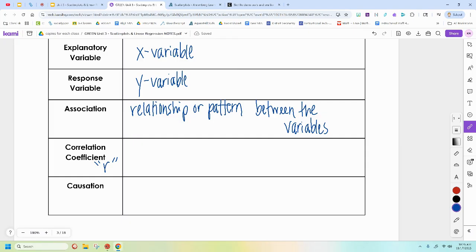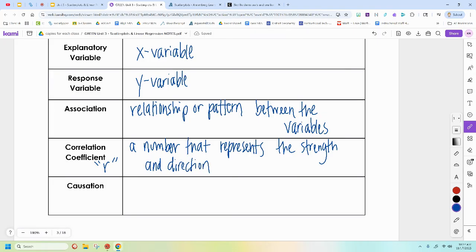Correlation coefficient is a number that represents two things: the strength and direction of the association.